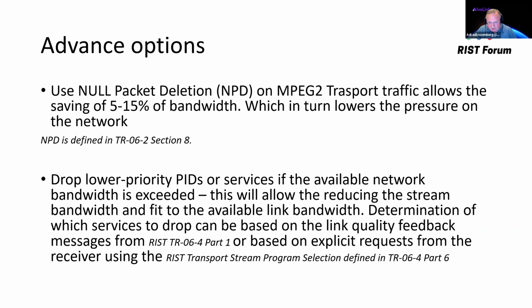This is, of course, available in RIST, but from my experience, it's also available with Zixi, for example, and other proprietary ARQ methods. Something that we added just recently is the ability to drop low priority PIDs or services, MPEG-2 transport PIDs or services, if the available network bandwidth is exceeded.